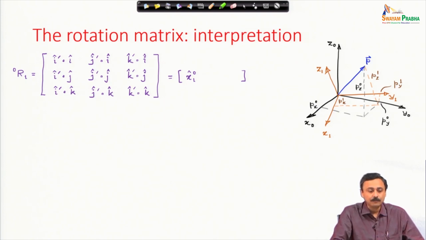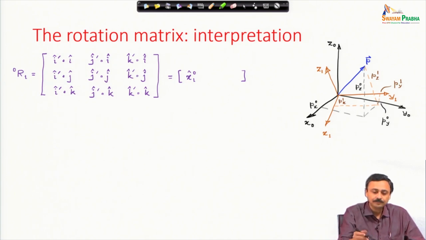The columns of R1 to 0 are the representations of x1, y1, z1 in x0, y0, z0 as the 3 columns. Therefore, the first column is the representation of x1 in x0, y0, z0.